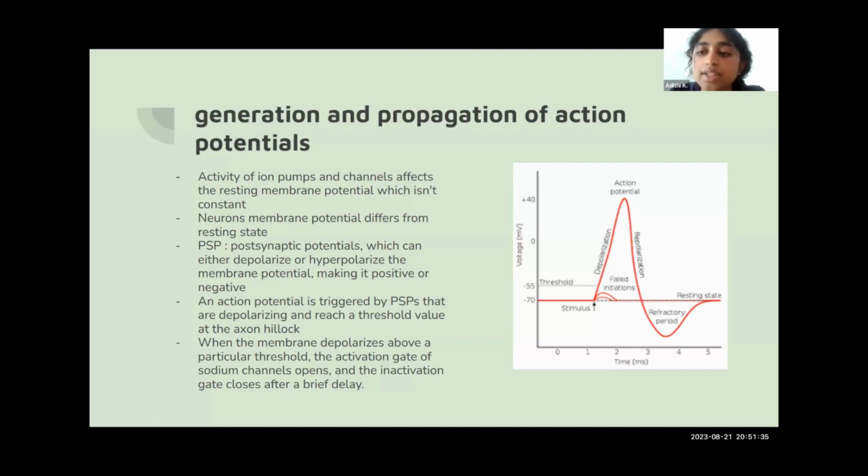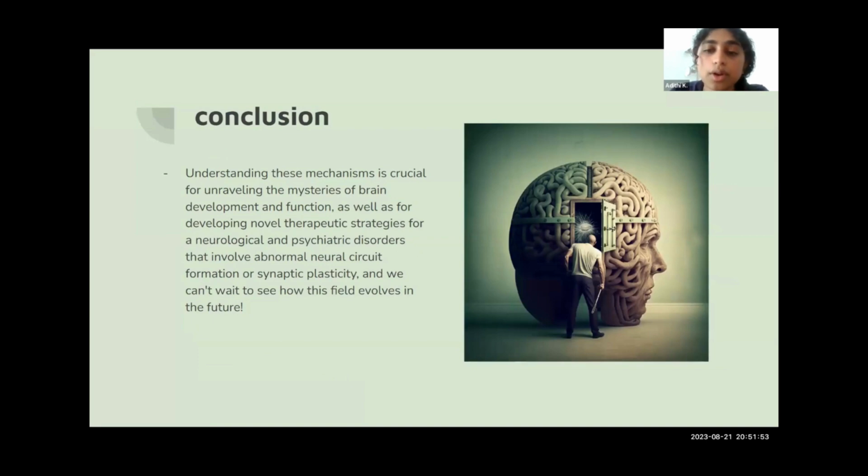Sodium channels and potassium channels are the two primary voltage-gated ion channel types involved in the production of action potentials. When the membrane depolarizes above a particular threshold, the activation gate of sodium channels opens, and the inactivation gate closes after a brief delay.